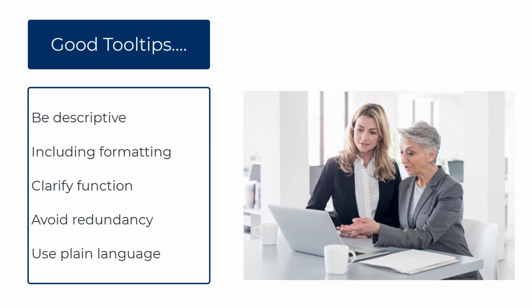Clarify what the field is for. Number is unclear. Enter the number of employees in your department is clear and specific. Avoid redundancy. Don't just repeat the field label if another field already says email. Instead, specify enter your work email address. Use plain language. Write like you're explaining it to someone over the phone.